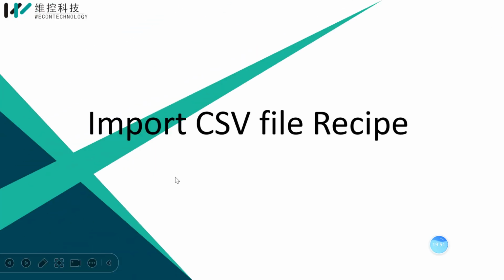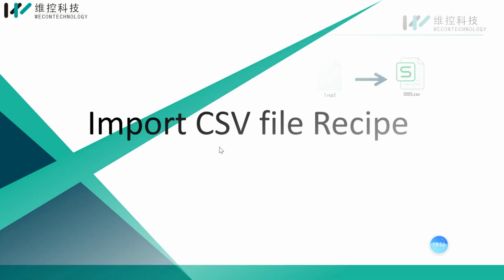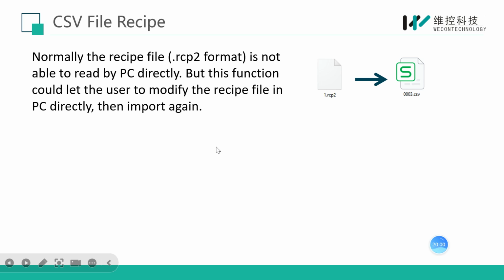So the last part is about importing the CSV file for the recipe. As I mentioned previously, the recipe extension name is .rcp2, the file format for our HMI recipe.